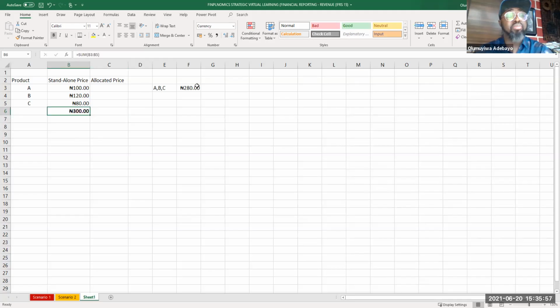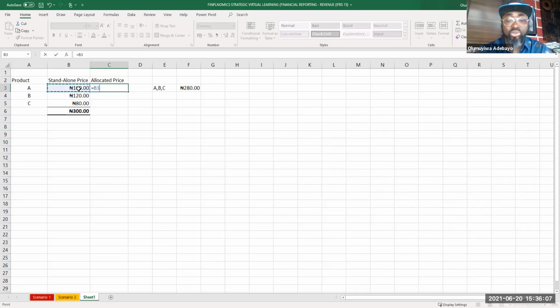When you pay 280, it simply means the entity has priced it on the basis of standalone price, which is the ratio of A's standalone price to the total, multiplied by this price.